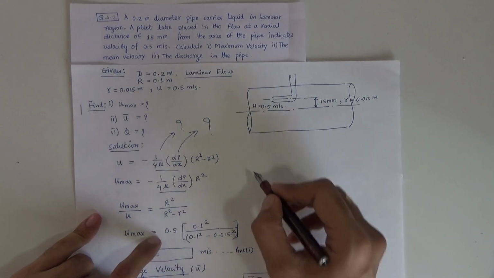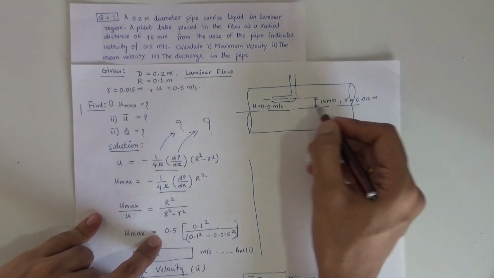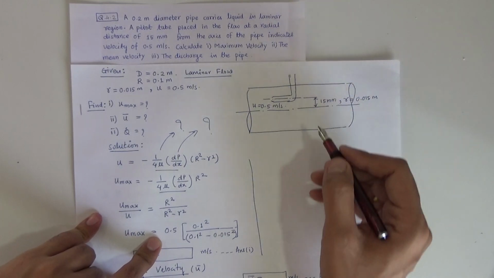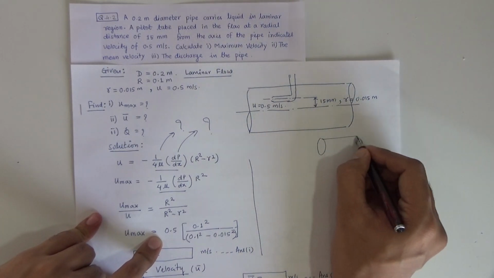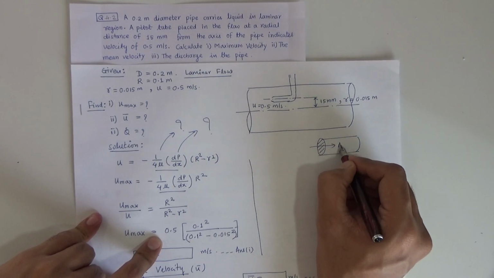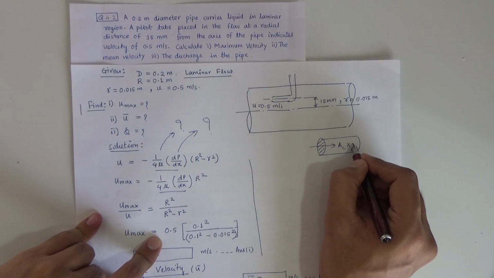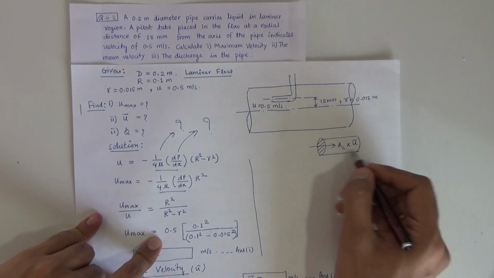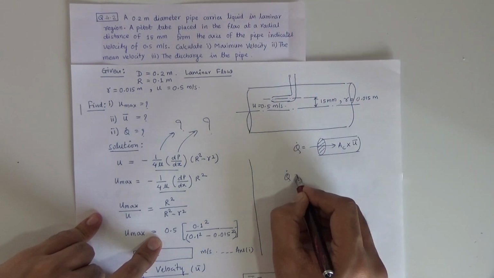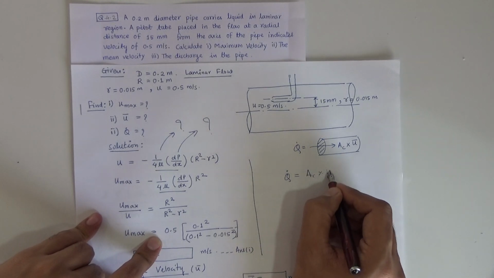Once you got u bar, you can simply compute the discharge, because discharge across the section is area of cross section into average velocity. So any discharge value is what? Area of cross section into that average velocity is nothing but the discharge in the given pipe. So discharge can be obtained as area of cross section into u bar.